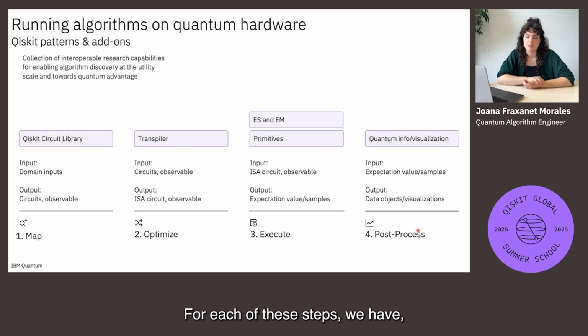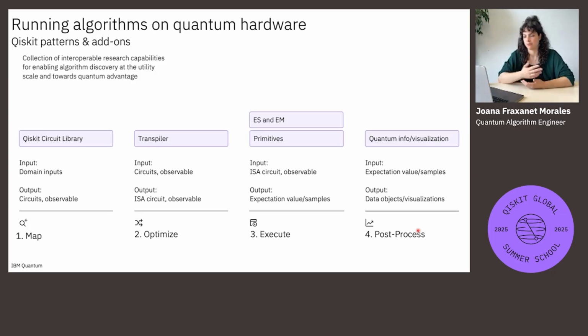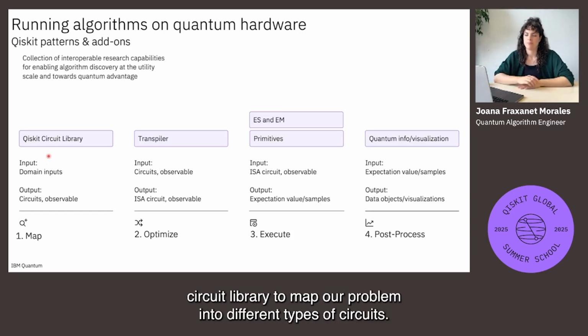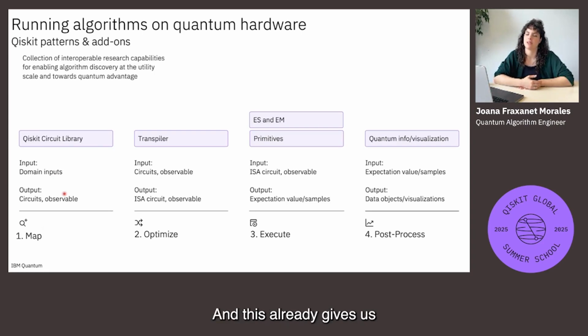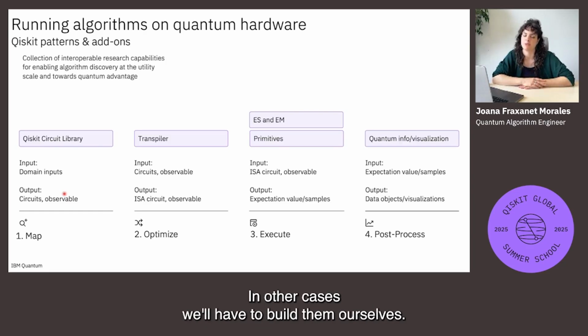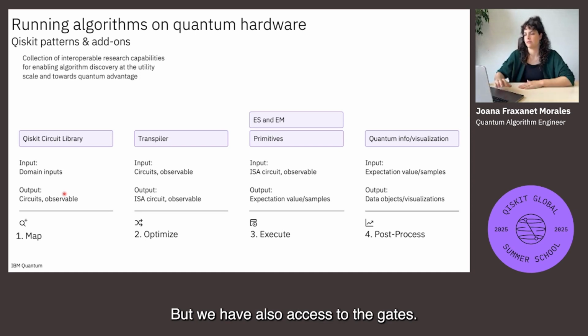For each of these steps, we have different tools that Qiskit gives access to. So, for example, we have the Qiskit circuit library to map our problem into different types of circuits, and this already gives us ready, prepared circuits that can help in certain cases. In other cases, we'll have to build them ourselves, but we have also access to the gates.